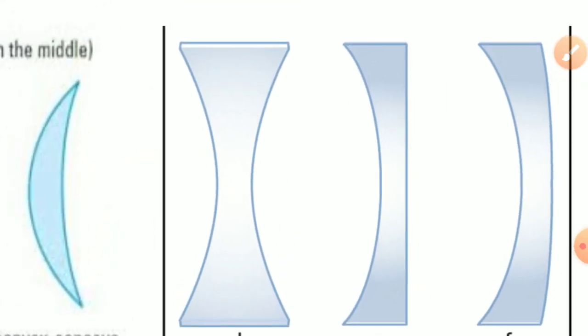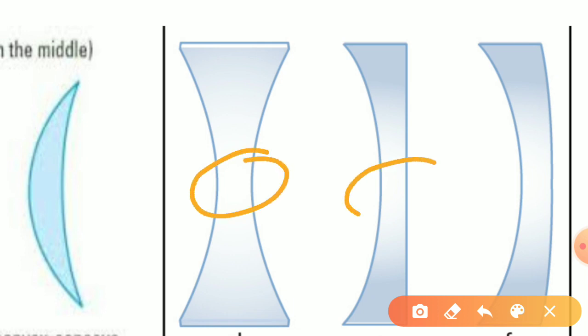Now, these are all concave lenses. You can see in all the three cases, in the middle, all are thin. So this is the identification of a diverging lens, or concave lens. The other name of a concave lens is diverging lens.